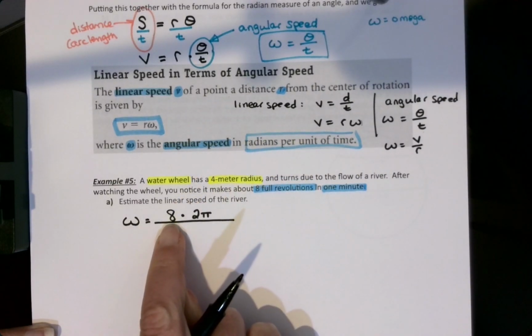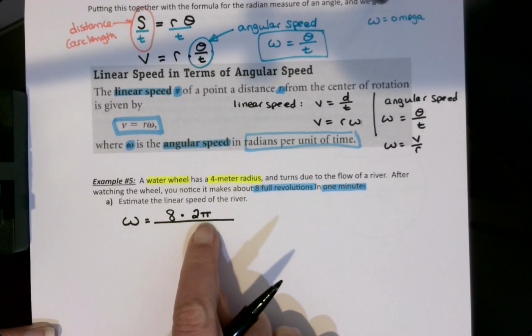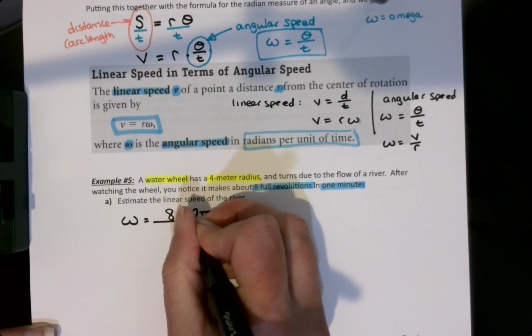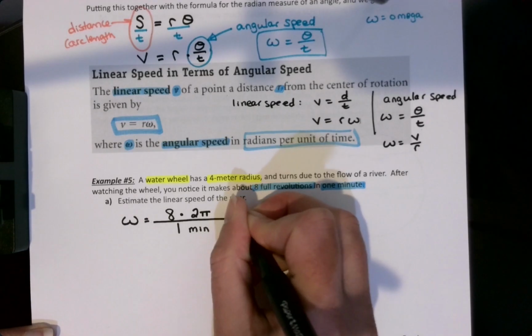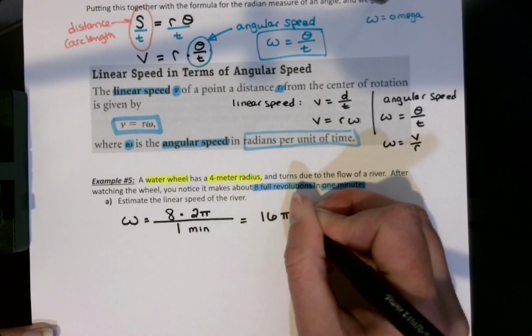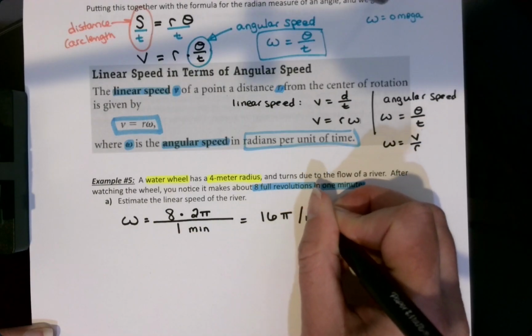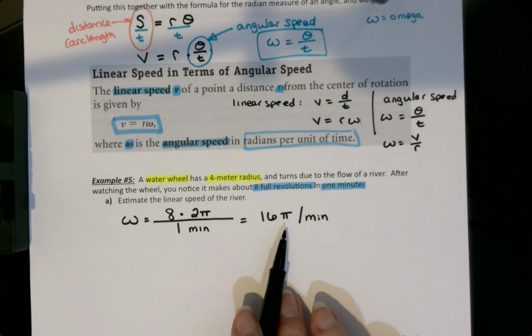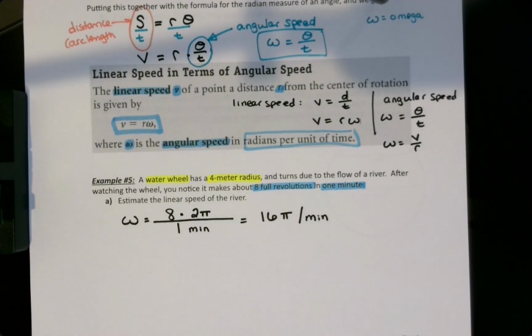So that's 8 revolutions of 2 pi radians each in 1 minute. So angular speed is 16 pi radians per minute. Remember that I don't have to write a unit for radian. 16 pi with no unit is in radians, and this is per minute. That's going to be our angular speed, and my goal is to find the linear speed.